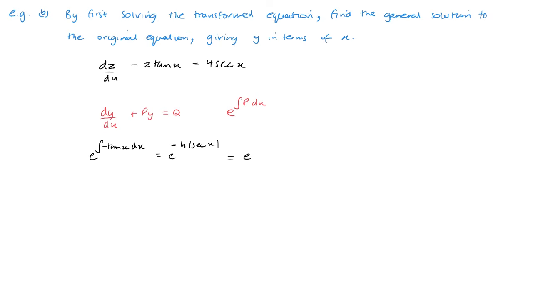So e to the ln sec to the minus 1 x, which is e to the ln 1 over sec x, which of course is e to the ln cos x, and this is simply cos x.